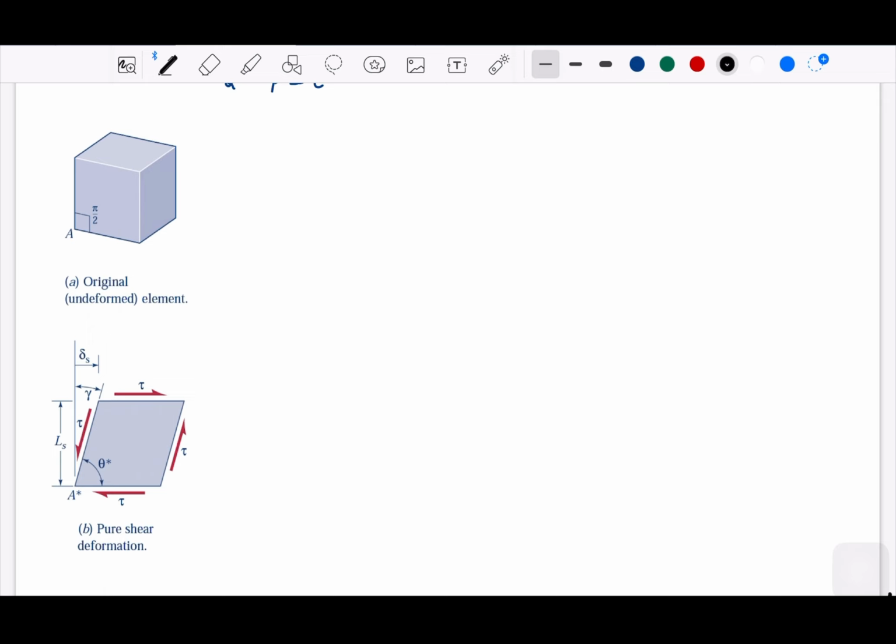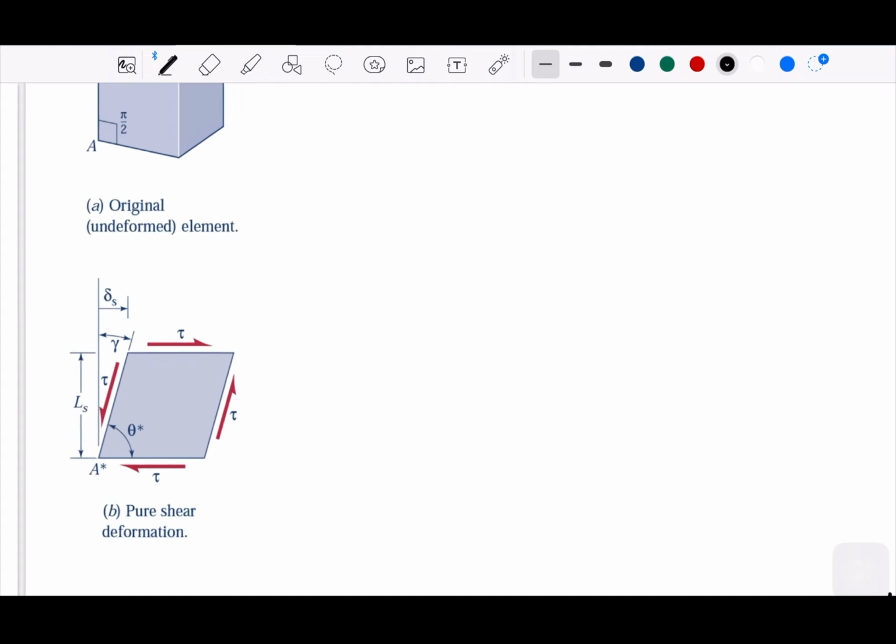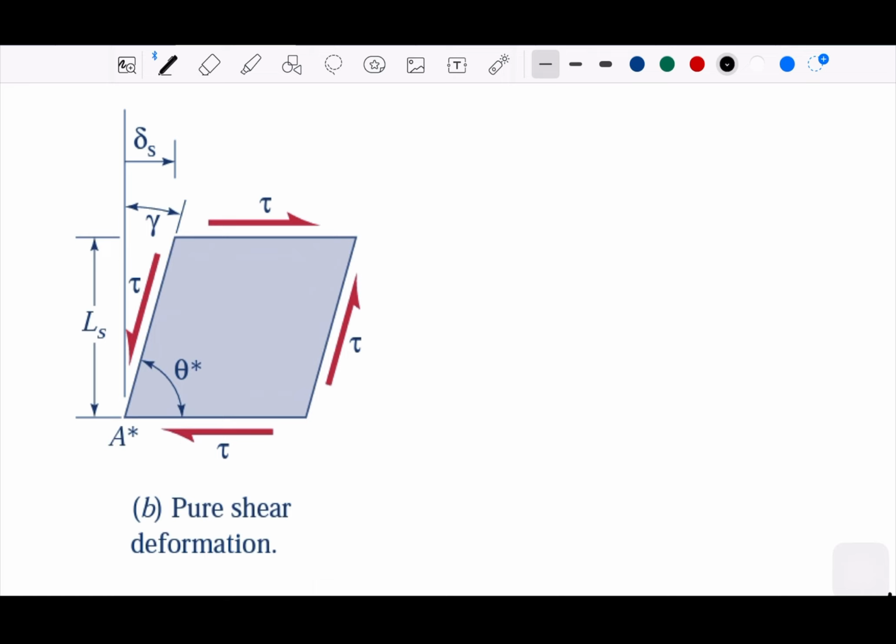So if we take points on this one here, some of the points from the cube, they move here, and this moves there, and this moves this much, the delta S. Let me zoom in to make it clear. So this asterisk means this is the new point after applying the force.